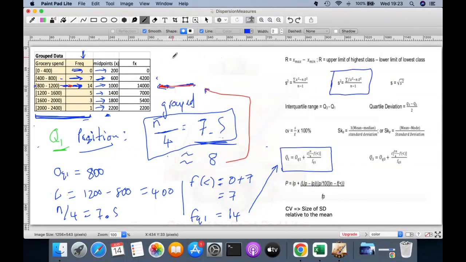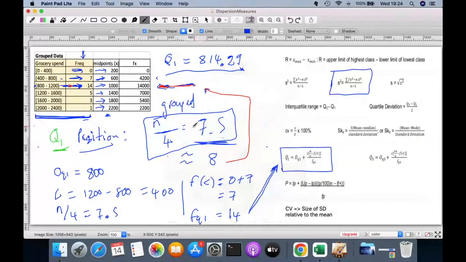Okay, your first quartile value Q1, we worked it out to be 814.29, after you plug all the values into this formula.